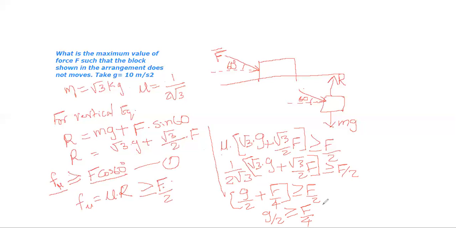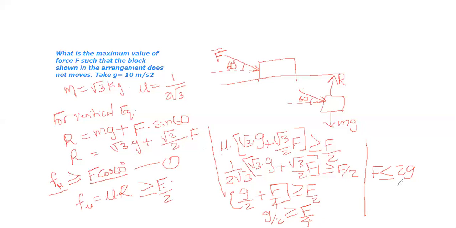So here we can define the force which needs to be applied to just move the block as F. So F must be, let's take this 4 to the left hand side, F should be less than or equal to 2g.